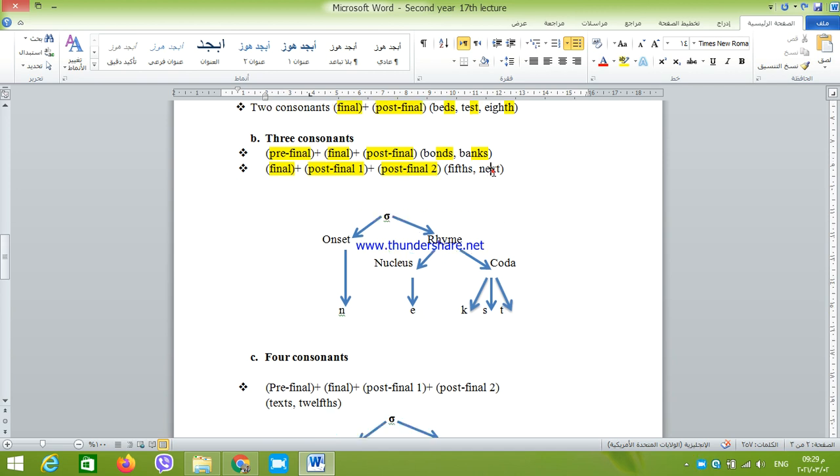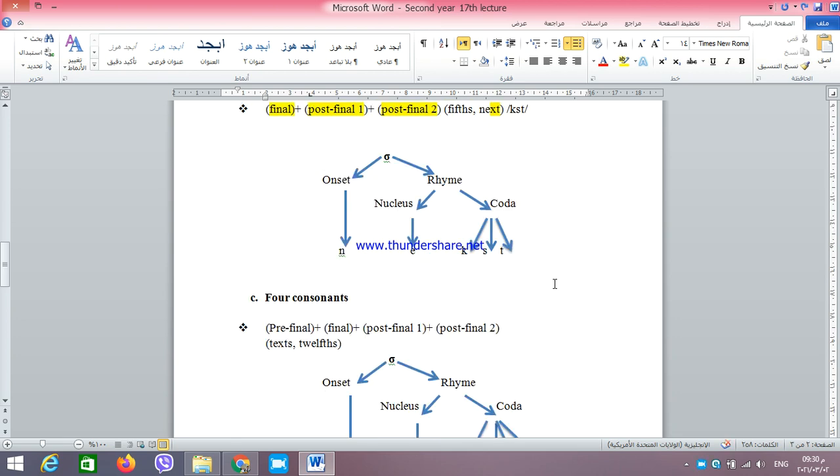Look at the word next. Don't be deceived by the spelling. It should be k, s, t, next. In this case, we have final k, post-final one s, post-final two t.